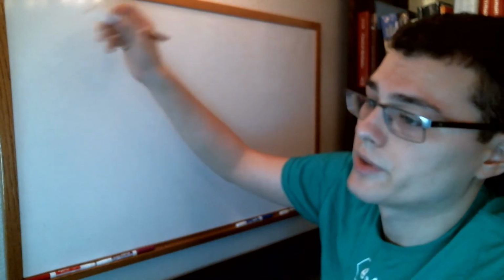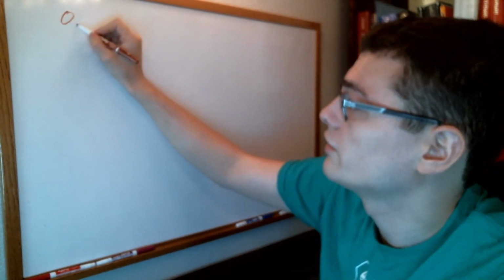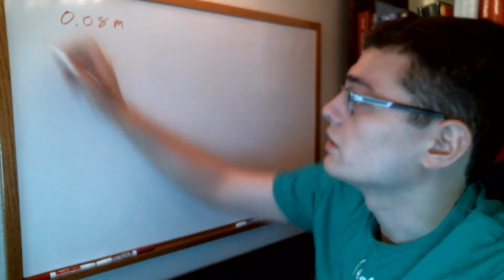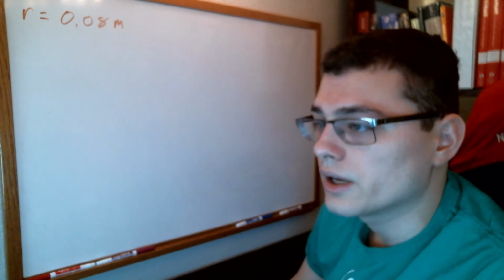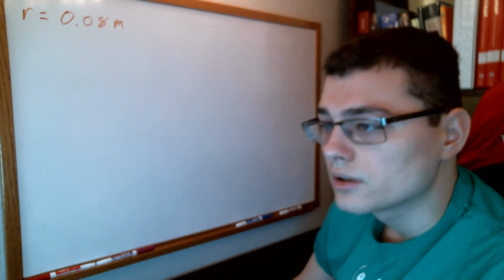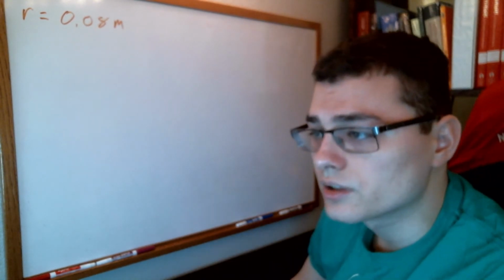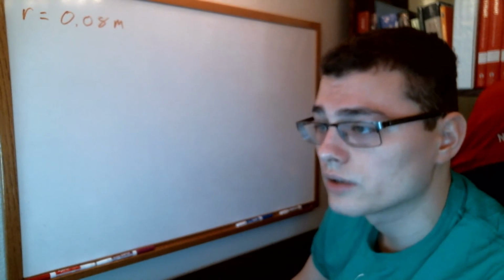So I'm going to just put that into meters just to stay consistent. So we're going to have 0.8 meters here as our radius. And the athlete is rotating at 10 radians per second, and this is at a certain instant. And the angular speed is increasing at 50 radians per second squared.